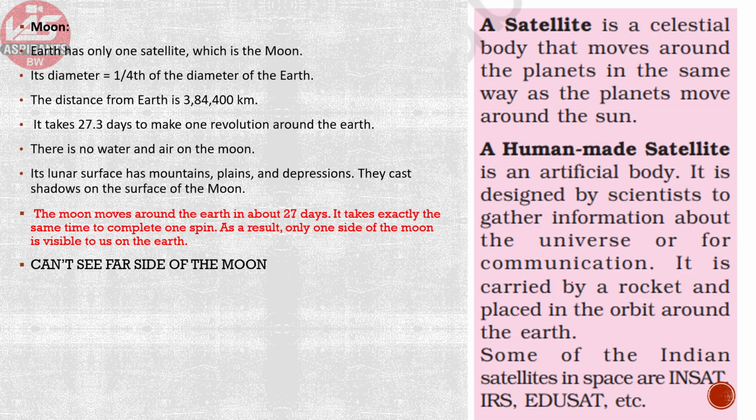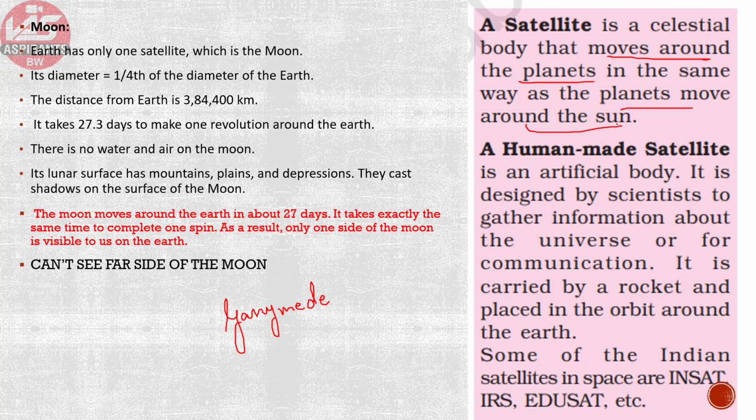So we talked about how Ganymede, which is one of the moons of Jupiter, is the largest moon, or the largest natural satellite. So what is a satellite? A satellite is a celestial body that moves around the planets in the same way as planets move around the sun. So we learned about Mercury, Venus, Earth, Mars, and so on.